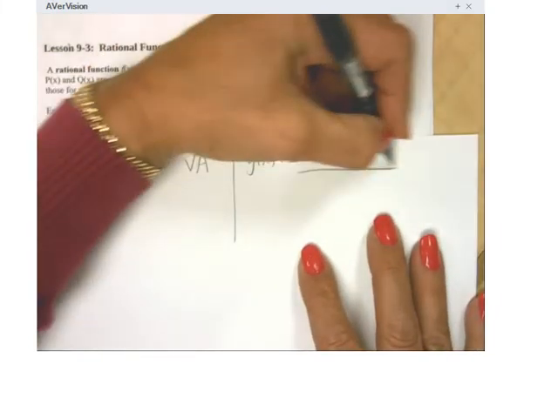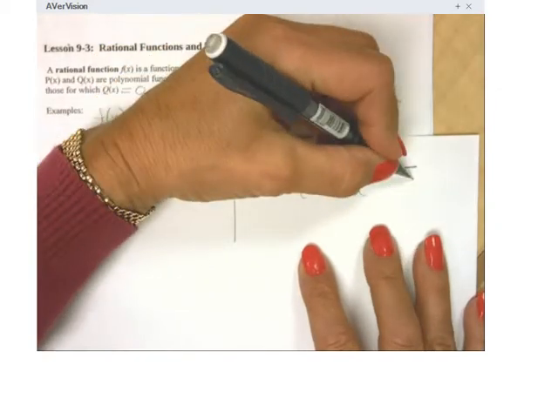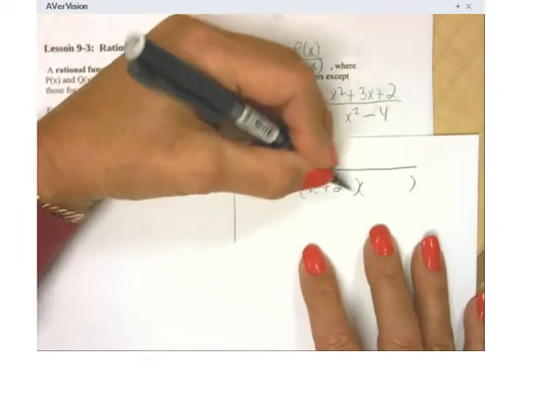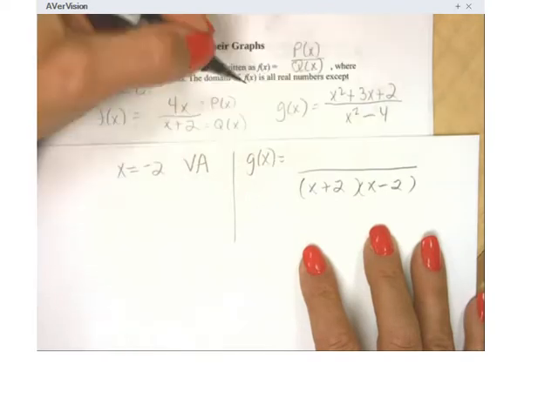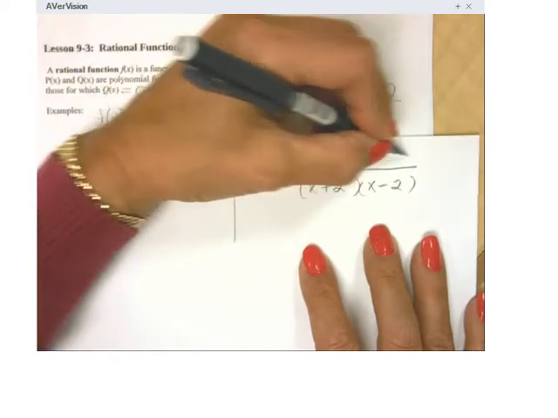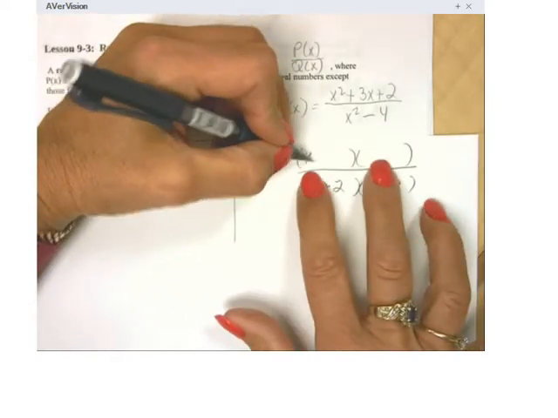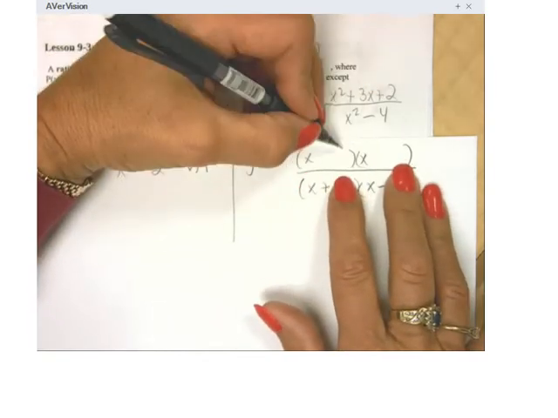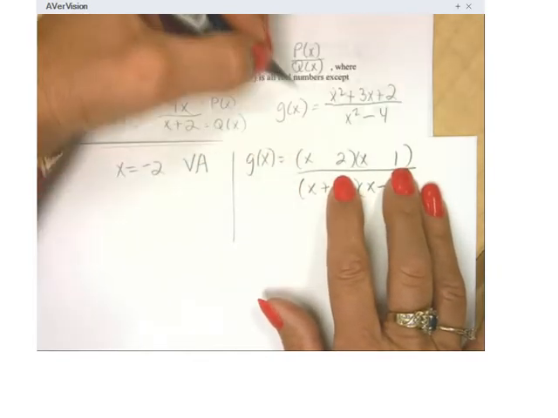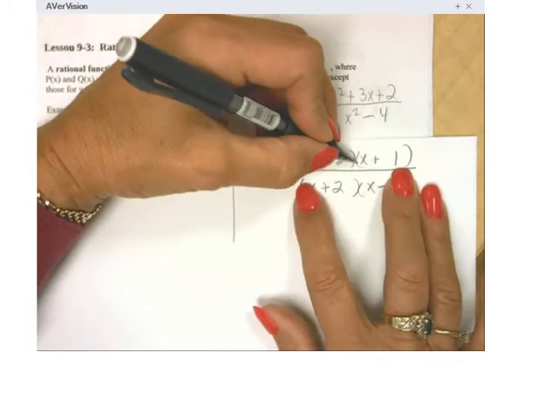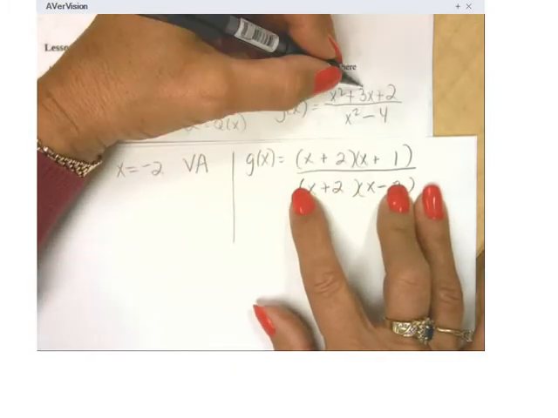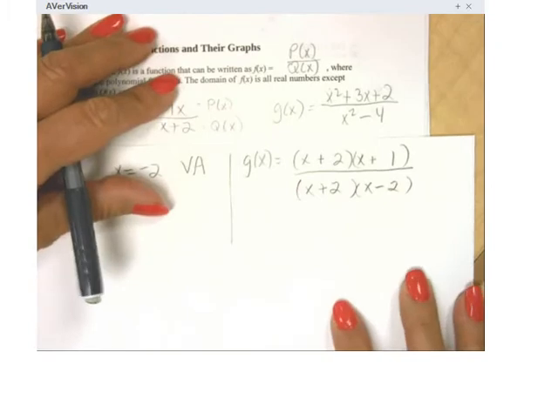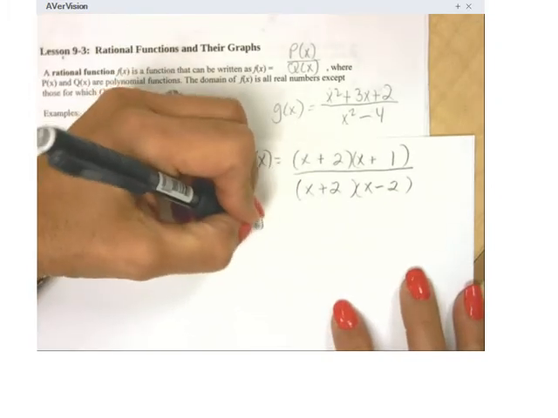G of x, I need to factor that. The denominator is good old difference of squares. In the numerator, on the other hand, I can see x times x is going to give me the x squared. And I know the product of the last two numbers has to be 2, so a 2 and a 1. If I do a plus and a plus, the 2x and the 1x add to the 3x.